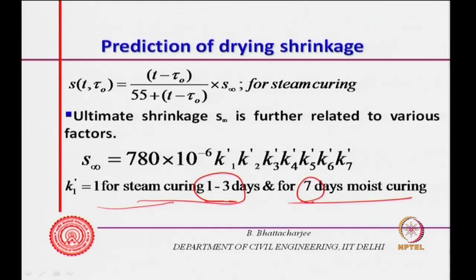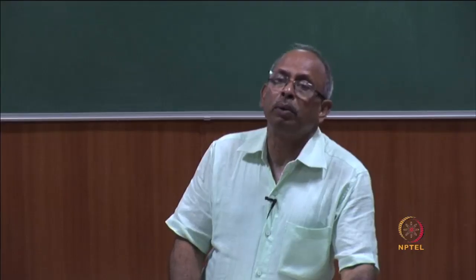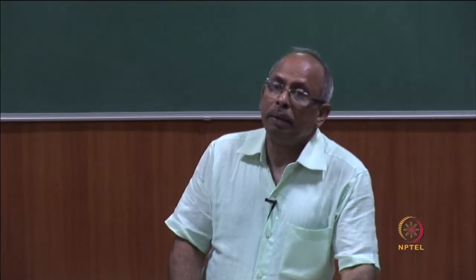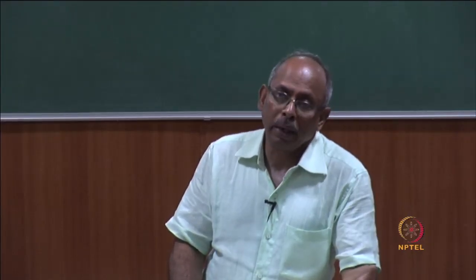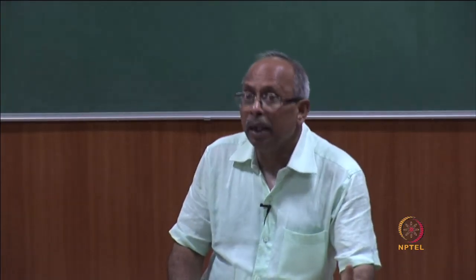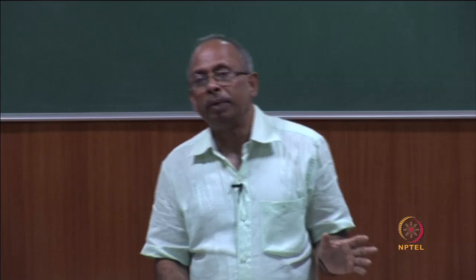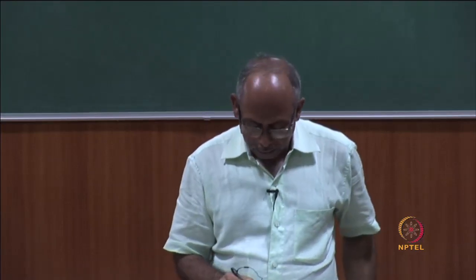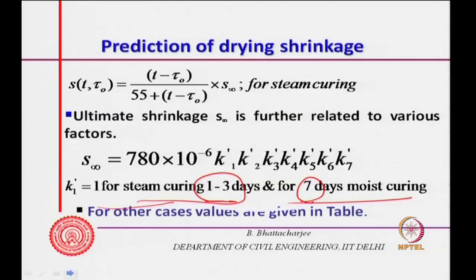It is 1 if you have done steam curing for 1 to 3 days, and 7 days if it is moist curing. So, it is actually the concrete condition. We are talking of normal concrete again, and this is largely related to drying shrinkage prediction. So, if you do steam curing for 1 to 3 days or moist curing for 7 days, K1 could be taken as 1. So, that is the datum.